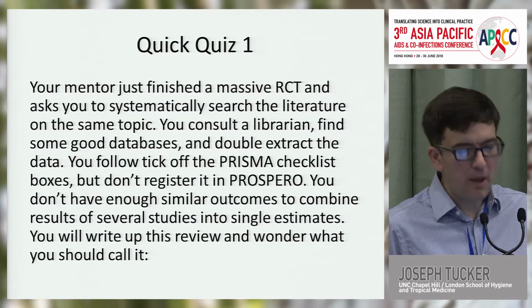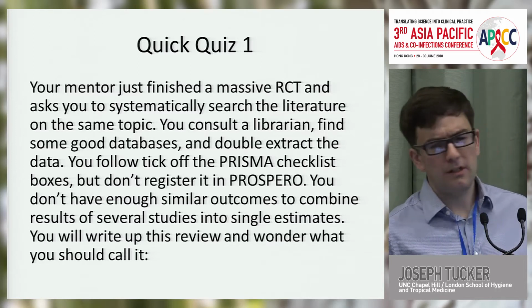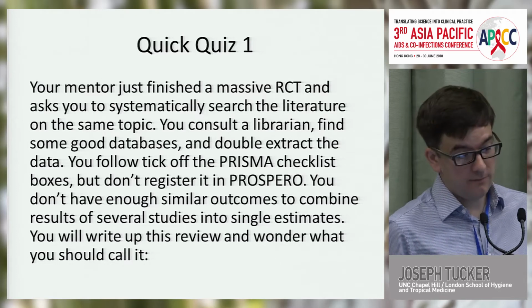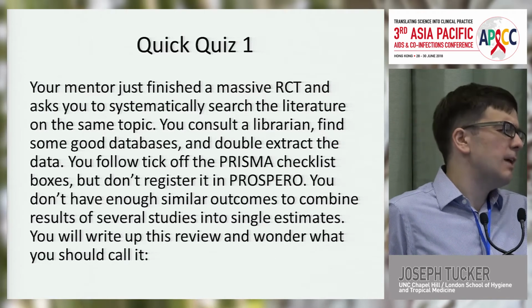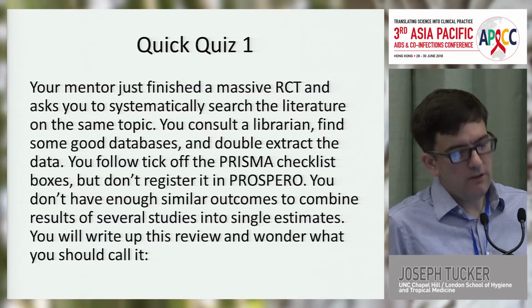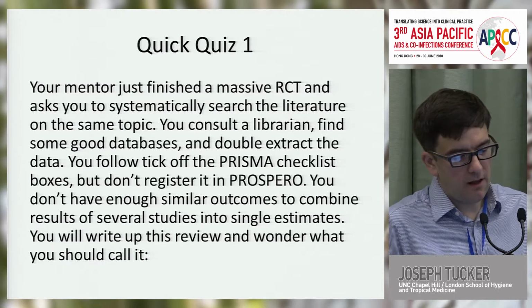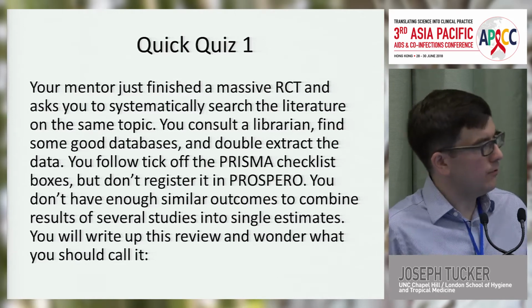So you systematically search the literature. You talk to your local librarian, you find some good databases, you even double extract the data. You tick off your PRISMA checklist boxes. You don't have time to register it in Prospero, but you do, and you don't combine similar outcomes of several studies into single estimates. So you write up this review.